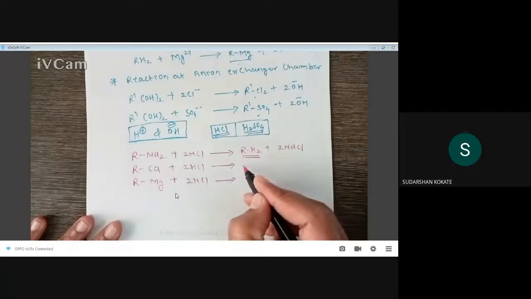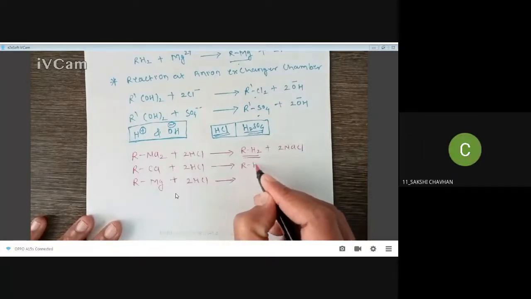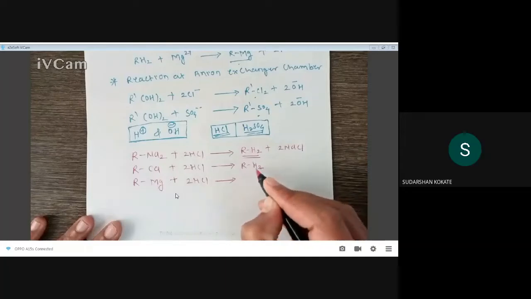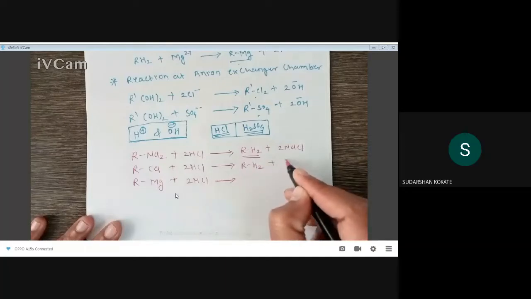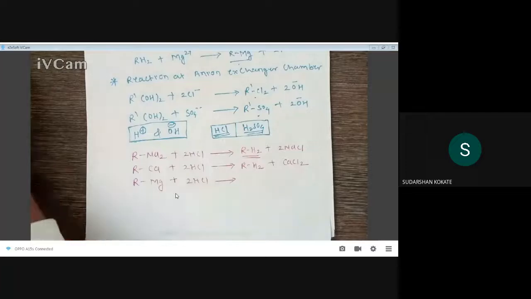In the second case, what happened? RH2 plus CaCl2, calcium chloride. And in this third case, RH2 plus MgCl2.